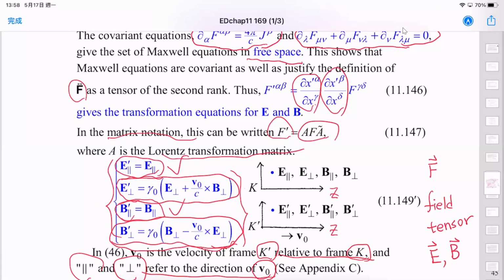And if you agree with the previous page, then they will transform following this rule. That's one strategy. But if you don't feel comfortable, you can study Griffiths course material by yourself.